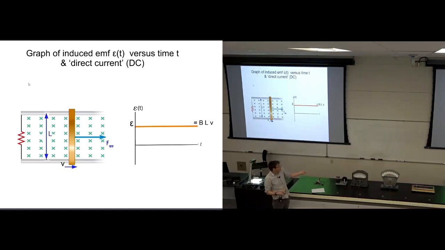I wasn't able to do this, but if I could maintain that rod with constant velocity, supposing I had a big long string of magnets across here, and I could just walk that rod down there, then all the time I'm moving the rod, I'm getting an induced EMF. It would be this constant induced EMF here. So that's a rather simple arrangement that gives what we would call a direct current, a direct EMF. It's just a constant EMF. And that's going to be important when we look at the rotational motion case.